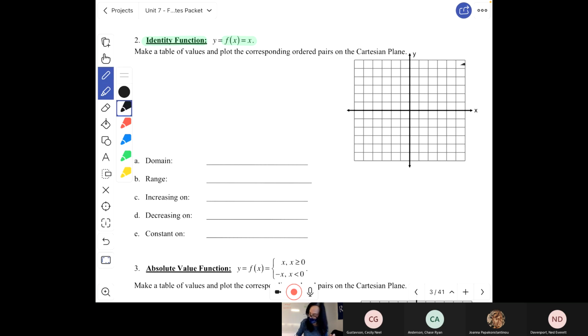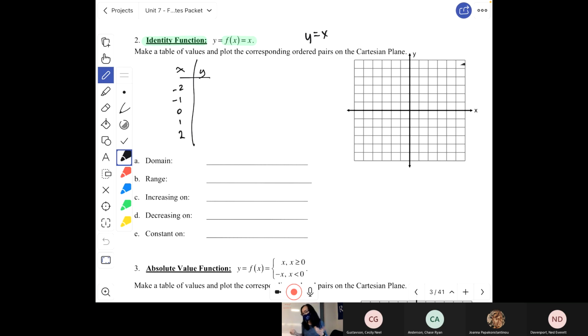So if I needed to, I could create a table of values and input x. This is going to be a very important line that we're going to be working with a lot for the rest of the semester. If I input these values of x, what do we notice about the output values?